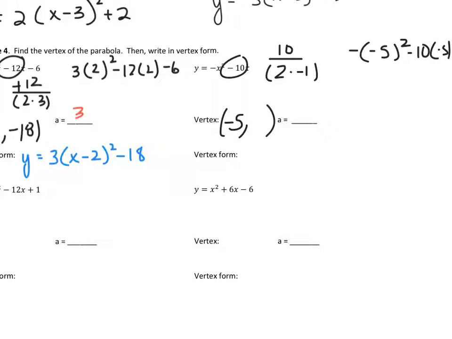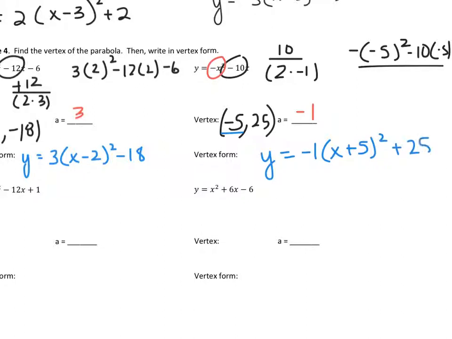And then when you do this, you get 25. You can put it in your calculator. A is the coefficient of x squared, so a is -1. So vertex form is going to be y equals a, which is -1, times (x minus h), so that'll be (x plus 5) squared plus 25.